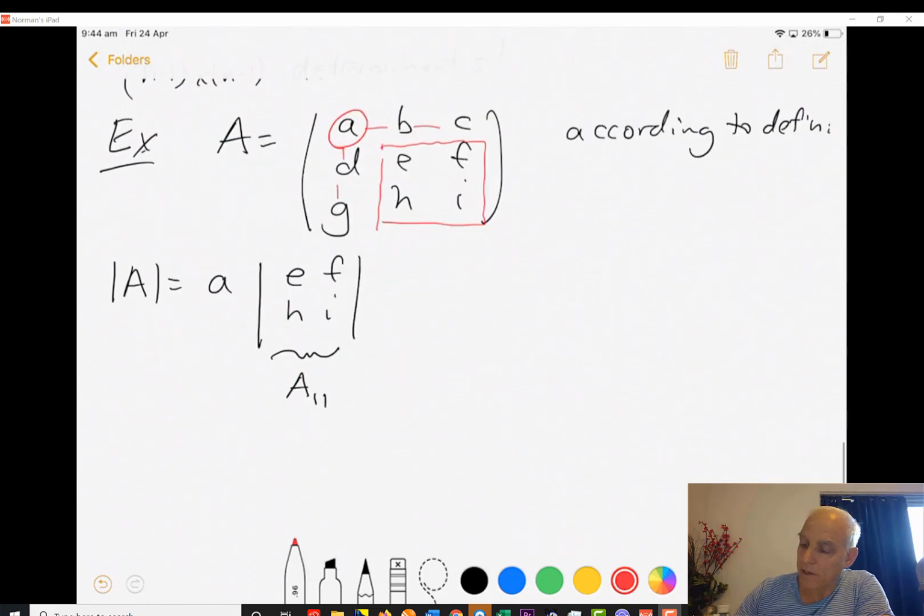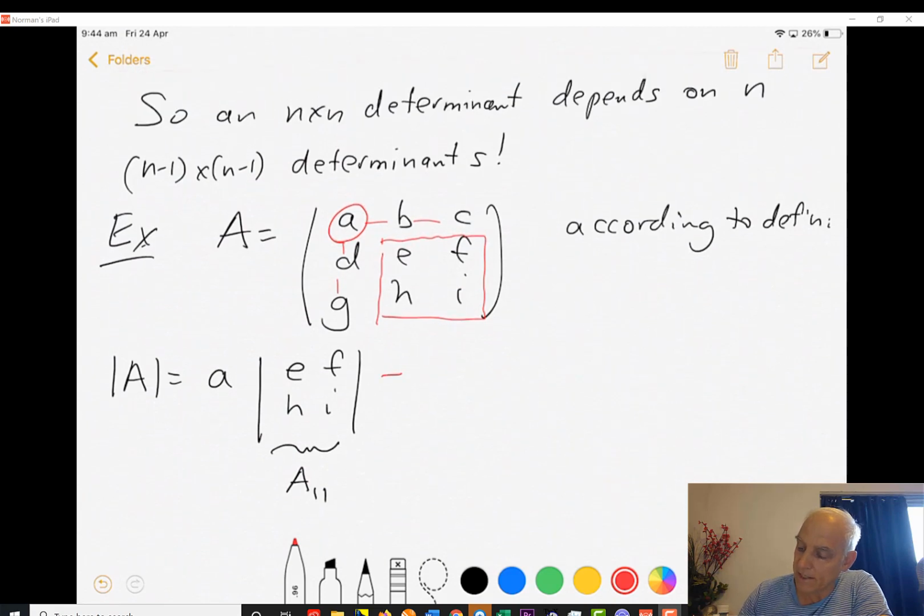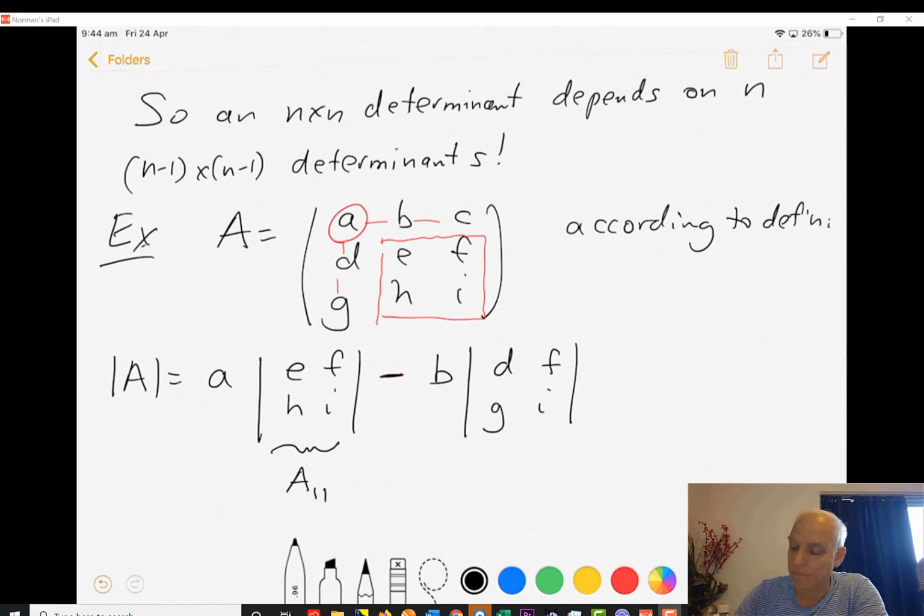The next element is moving along to the second entry, which is B, and then we have to multiply by the determinant of the matrix that we get by removing the row and column through B. That will be the 2 by 2 matrix D, F, G, I. So that's the minor corresponding to 1,2, the entry B. And then plus C, the last term, will be times the determinant of the 2 by 2 matrix D, E, G, H. All right, so this is the minor A12.